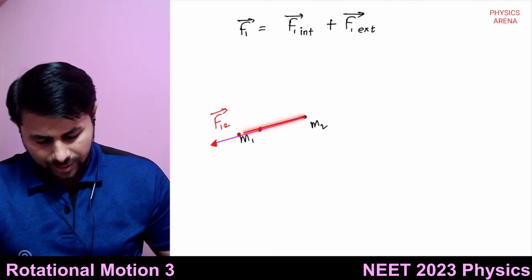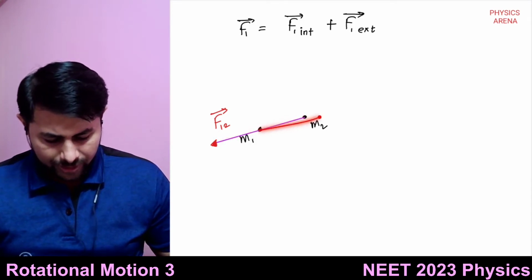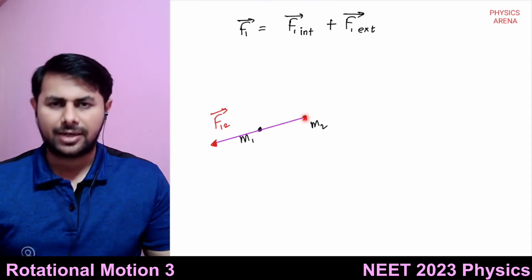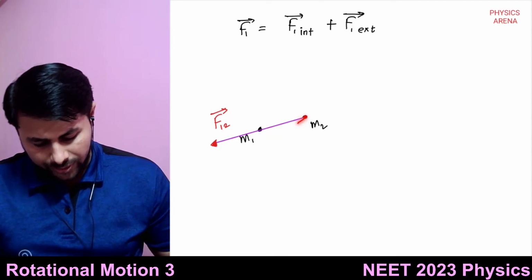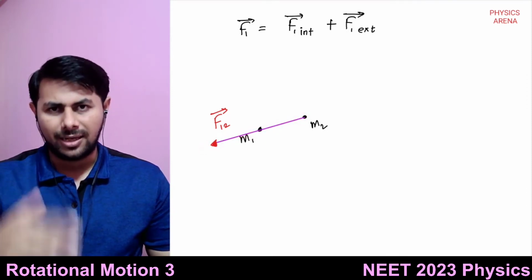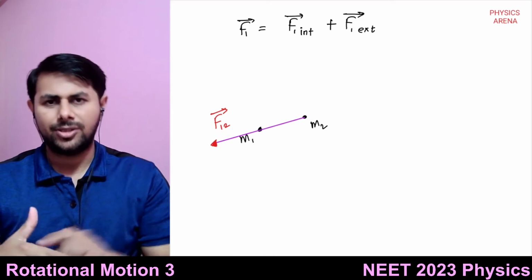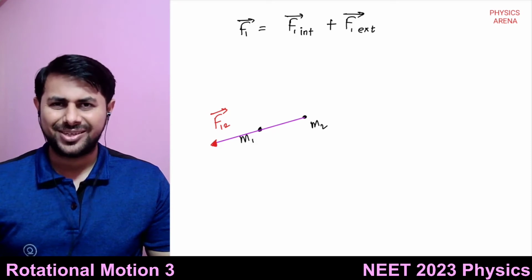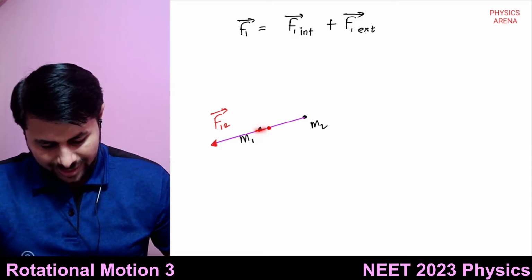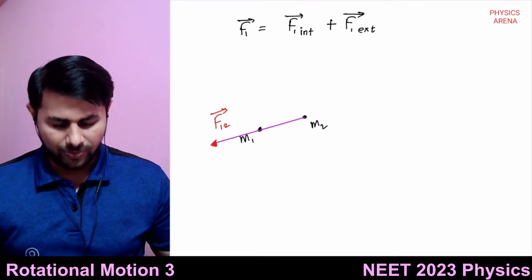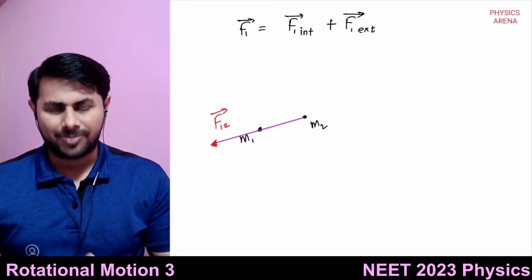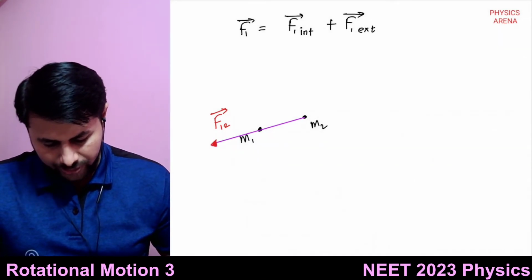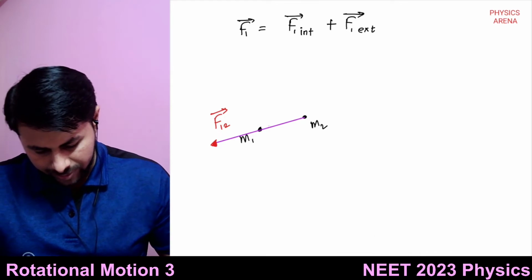So see, now if you look at the position vector of one particle with respect to the other particle, what will that position vector be? The position vector of m1 with respect to m2 will be this one.